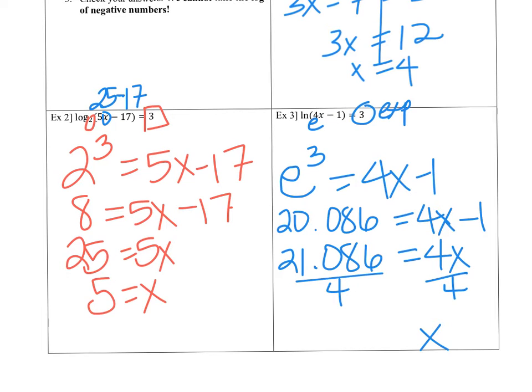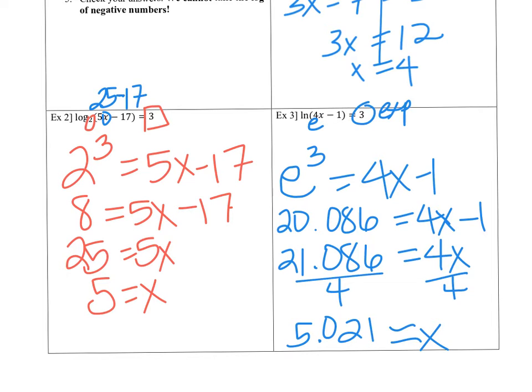Because I am approximating, I do need to make this an equivalent symbol. X is about 5 and 21 thousandths. Okay, so let's check to make sure that will not give me a negative log.